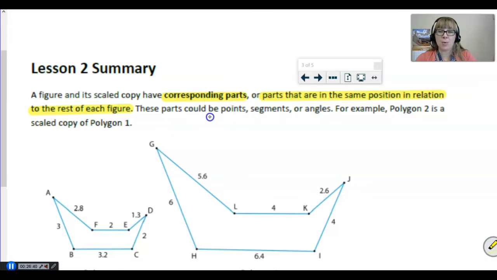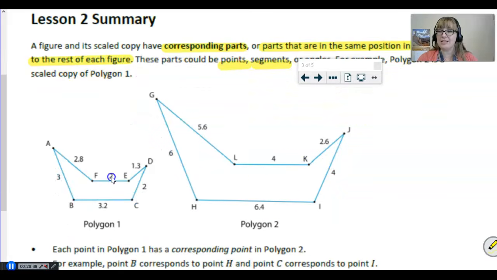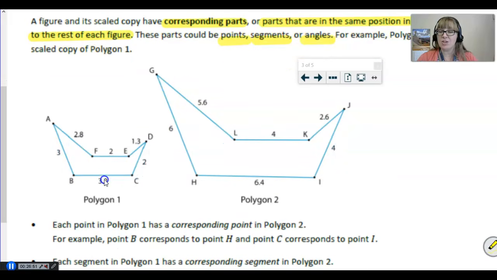These parts could be points, segments, or angles. So that's important to note: points, segments, or angles. And we have an example. It says Polygon 2 is a scaled copy of Polygon 1. So it says each point in Polygon 1 has a corresponding point in Polygon 2.